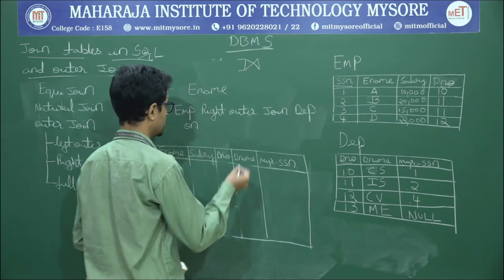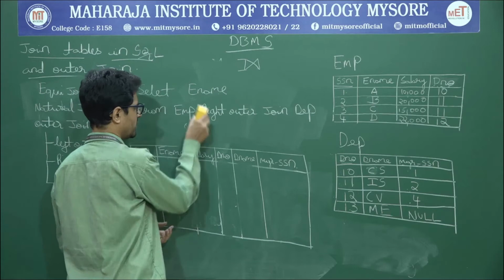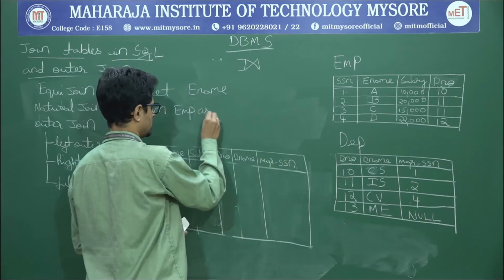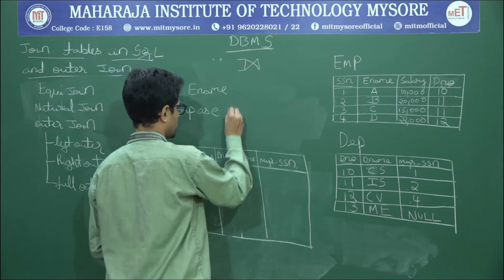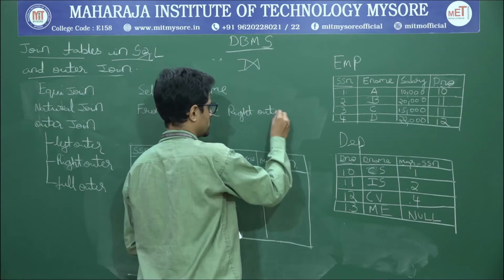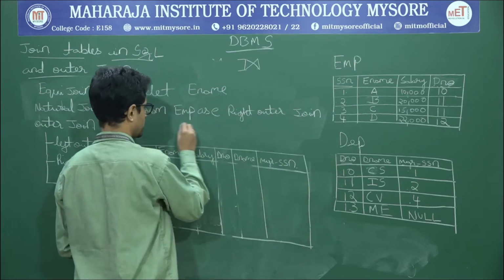As they both have the same representation, sorry, I need to give aliasing here, where employee as E, right outer join with which table? Department.